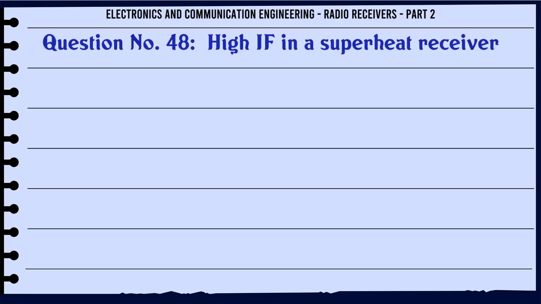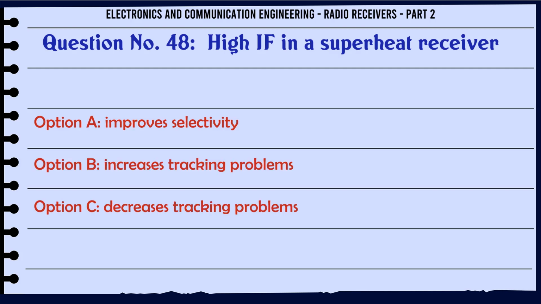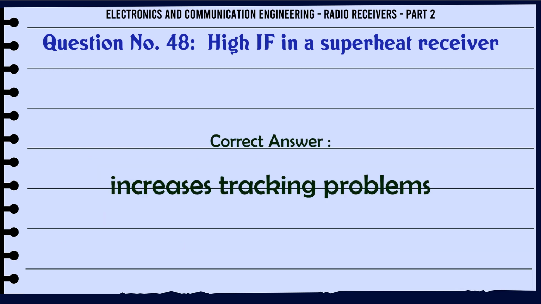High IF in a superheterodyne receiver. A. improves selectivity, B. increases tracking problems, C. decreases tracking problems, D. reduces adjacent channel rejection. The correct answer is increases tracking problems.